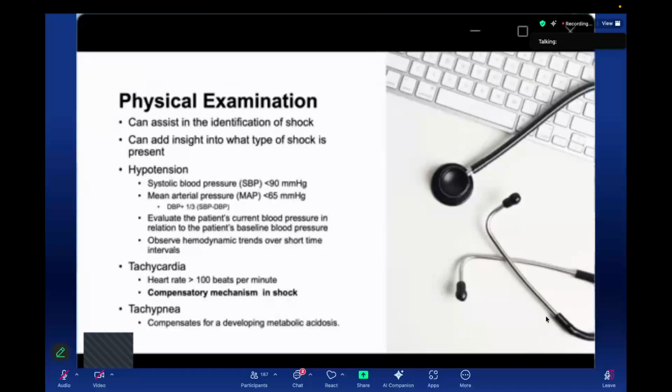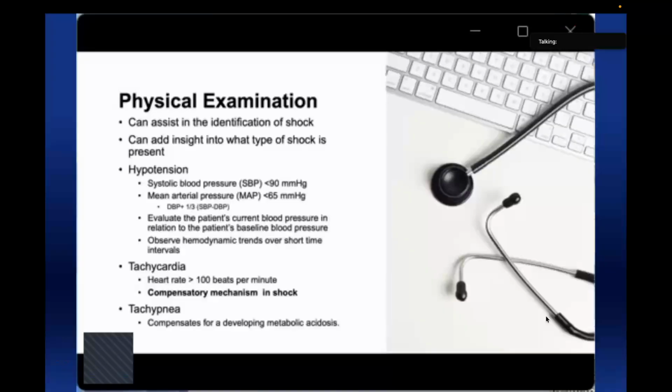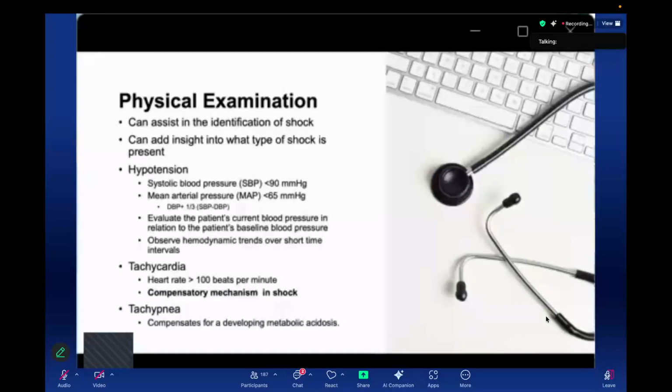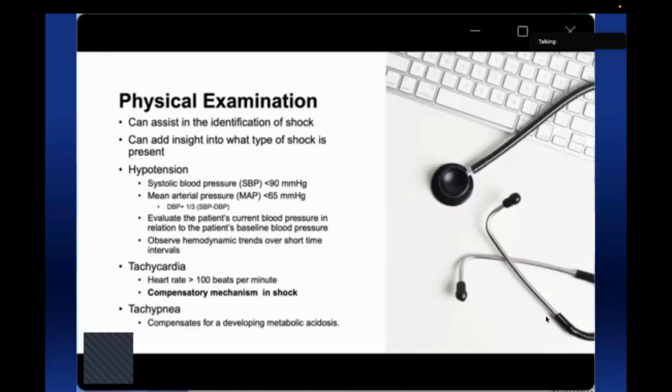For instance, if your patient is a known hypertensive and he is on medication, and you know that the usual blood pressure of your patient is 140, but now when he's in the hospital, you get the blood pressure and the result is, for example, 160.